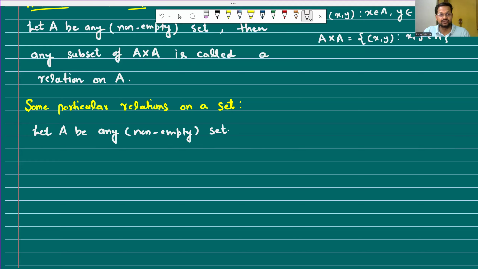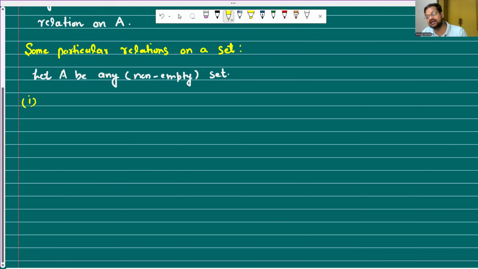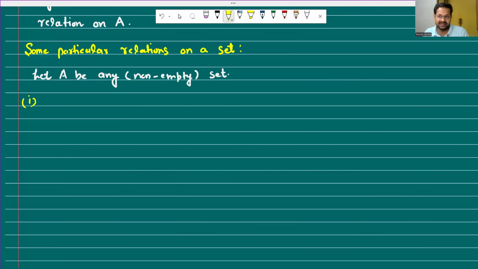First we discuss the empty relation. Empty relation means we have a condition, we have a relation, but we don't have any element which satisfies that condition.